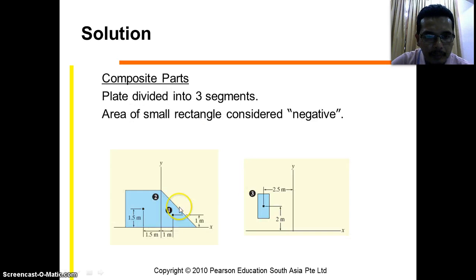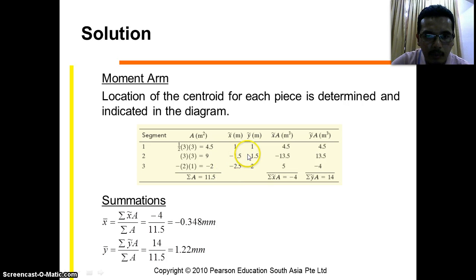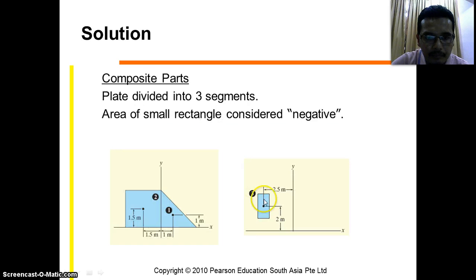But because from the origin to this point is the negative direction for x, and from here to here is the positive direction for y, that's why x is negative. So x is negative 1.5, and y is positive 1.5. Now segment 3, the rectangle. Just divide by 2, and we get the centroid point of this rectangle.